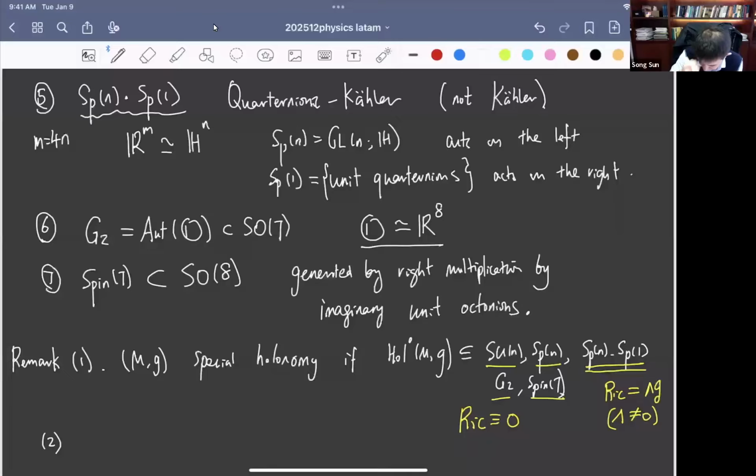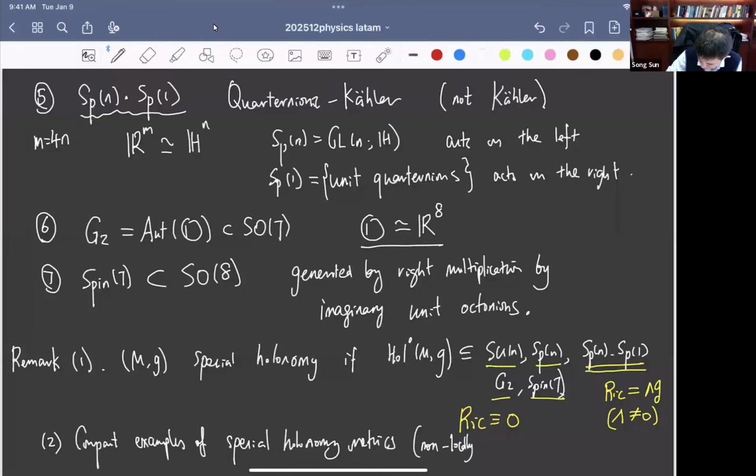And if we want compact examples of special holonomy metrics, that's not easy, and they will be non-locally symmetric. In this Ricci flat case, it basically just says non-flat, non-splitting.